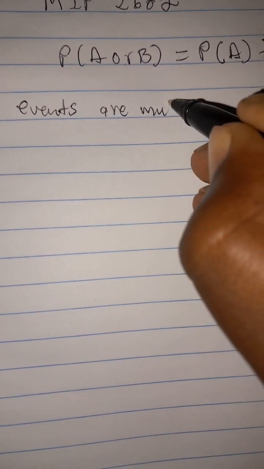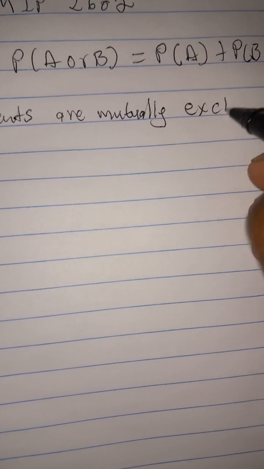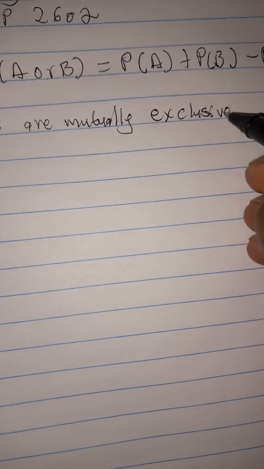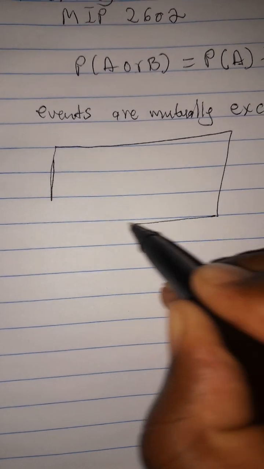Another thing is that when the events are mutually exclusive, there will be an effect on this formula. How so? Consider we are dealing with what we call Venn diagrams.